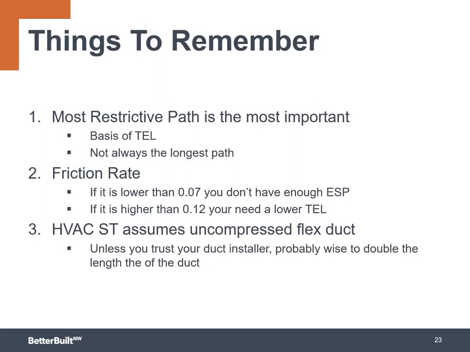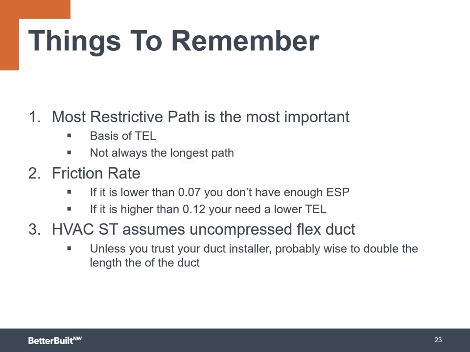All right, cool. Another thing I'd really like to emphasize, unless you really trust your duct installer, is that HVAC Street assumes it's almost perfectly installed flex duct. That means a good faith effort is made to pull it as tight as possible. It's about 4 to 5%. That's why if you're using flex duct, it'll always select at least one size bigger than if it's straight sheet metal.